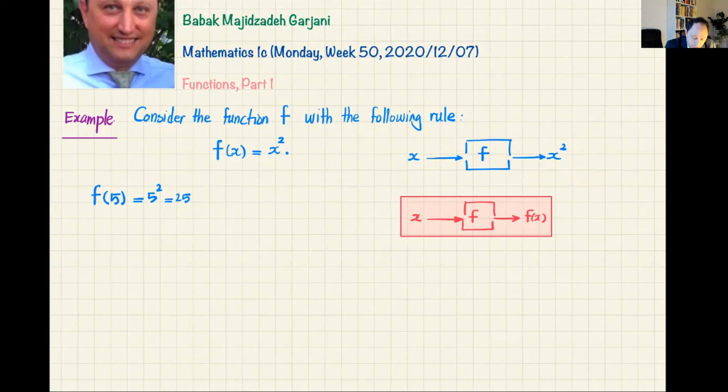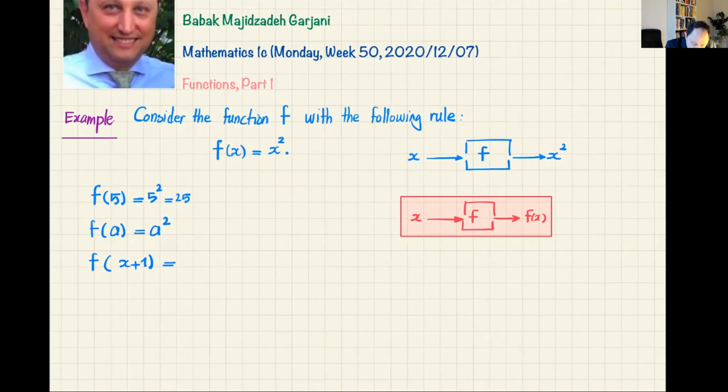Okay, so if I ask you another question, what is f of a? Assuming that a is also a number, what is the output coming out of it? A squared. If I ask you what is f of x plus 1? You need to know that what is in here is the input.